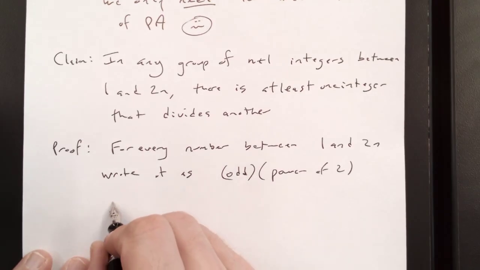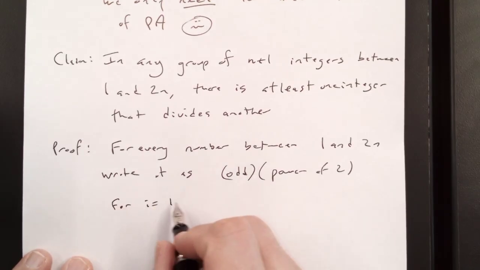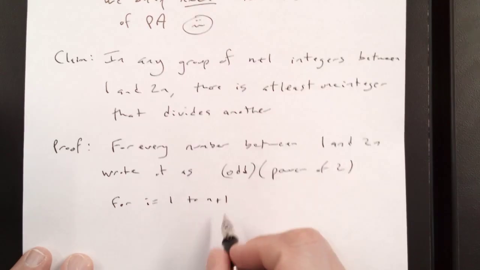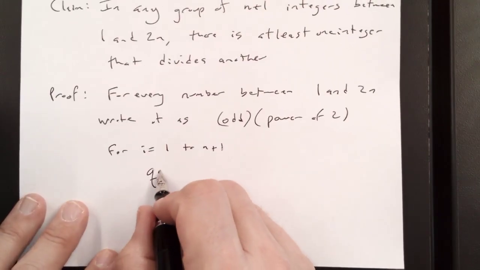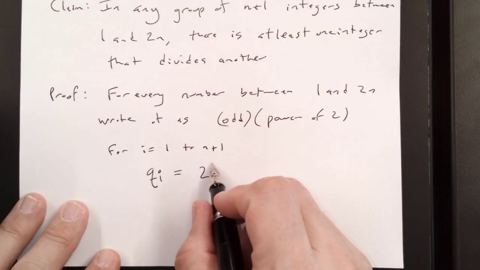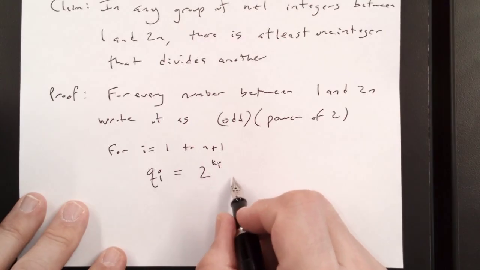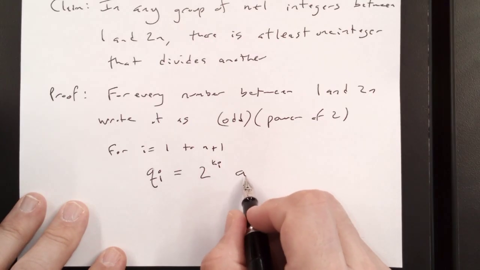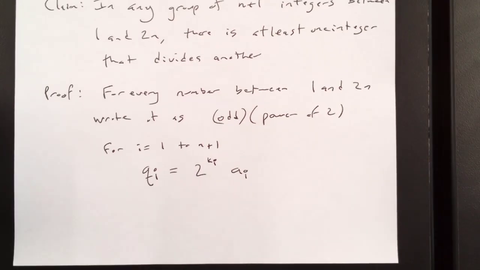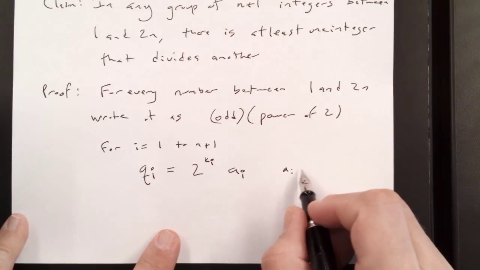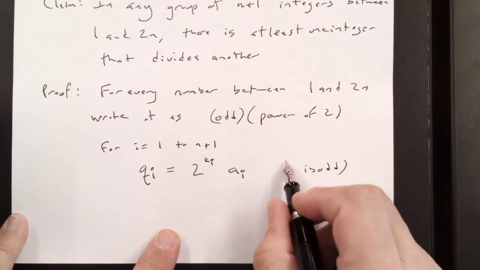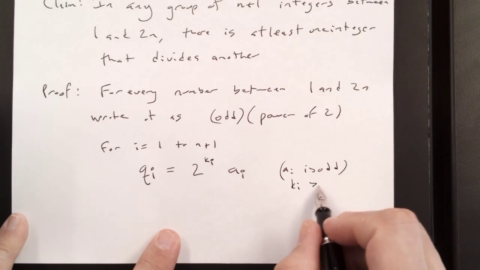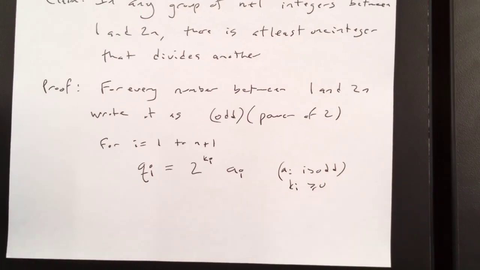So for i equals 1 to n plus 1, my selected number q_i is 2 to the something times an odd number, a_i. And I'm going to do that for all n plus 1 of my numbers, right?